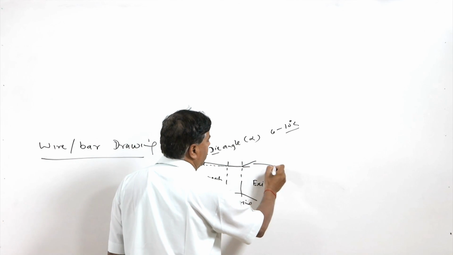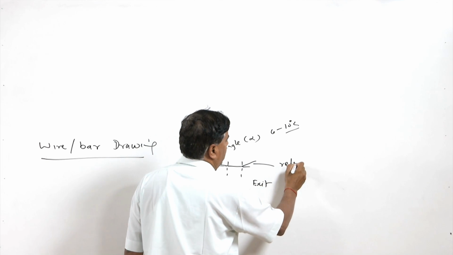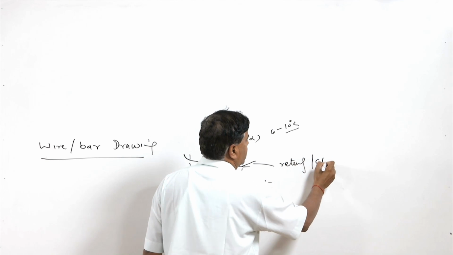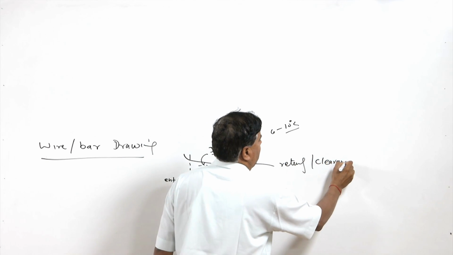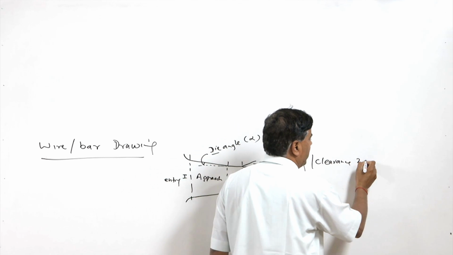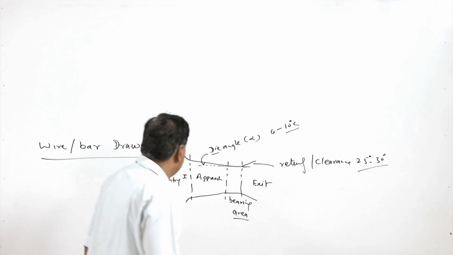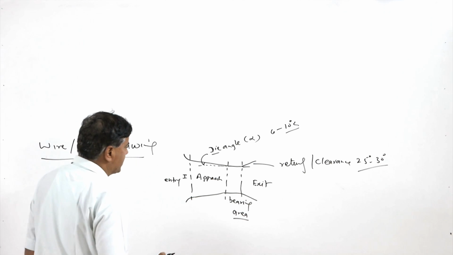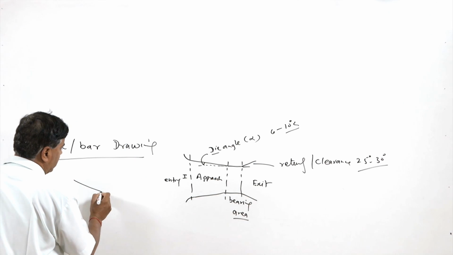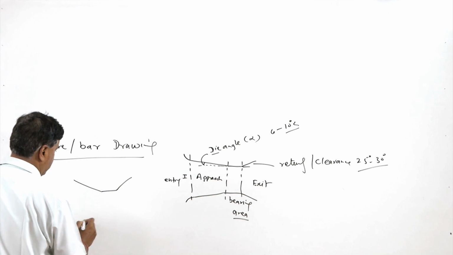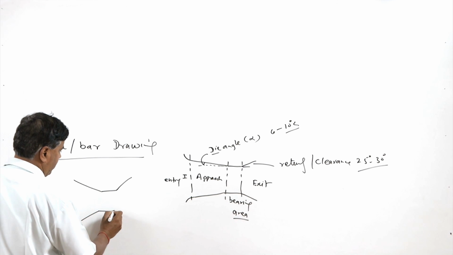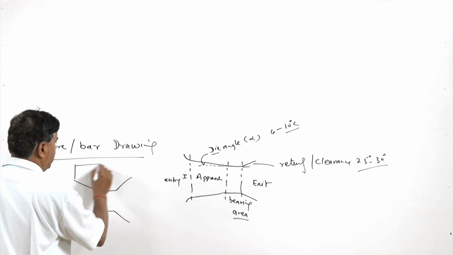Here the relief or clearance angle is given, which is quite high, like 25 to 30 degrees. So, in this process in general the cross section goes in like this of the die.